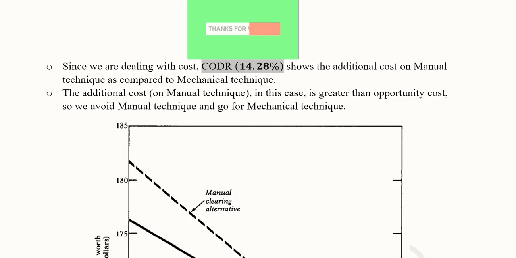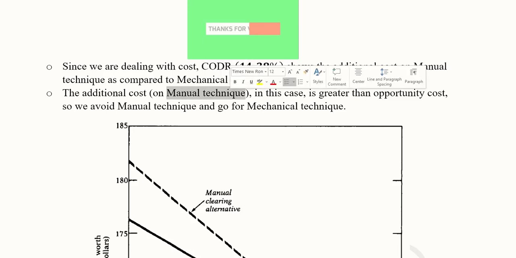For example, for the small scale and large scale projects, we calculated the crossover discount rate on the basis of net benefits, which shows that we are dealing with benefits on the whole. So here, if it is greater than the opportunity cost of capital, it shows an undesirable situation or something which is more costly. And since manual technique appears prior to the mechanical technique in the difference, it is on the manual technique.